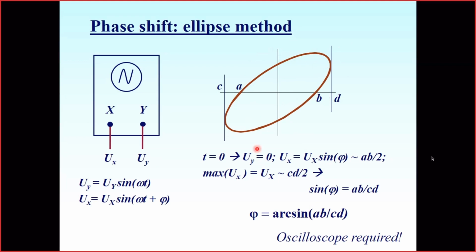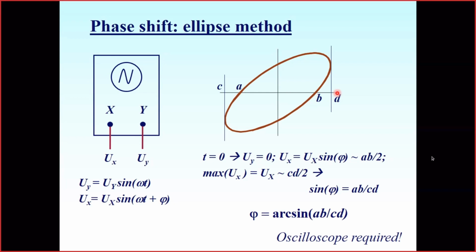If I have this ellipse turned so that its longer axis coincides with this horizontal axis, my AB will be equal to CD, and I get sine phi equal to 1, which corresponds to phi of 90 degrees. Then we get the phase shift phi as just the arc sine of the length AB divided by CD.